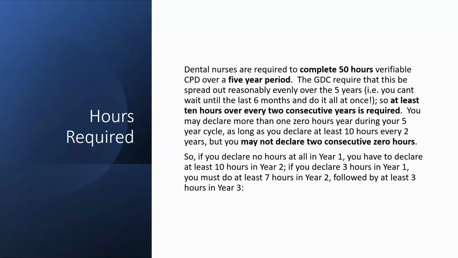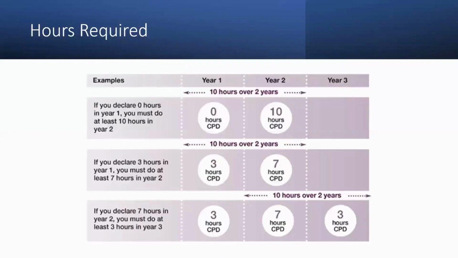So if, for example, in year 1 you did nothing, then in year 2 you would have to do 10. But then in year 3, you could do nothing. That's not the best way to do it. It's better to spread it out. So if you look at this handy little chart, you can see that if you do nothing in the first year, you have to do 10 hours in year 2.